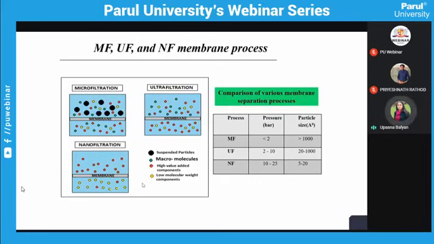In microfiltration, you can see there are lots of particles, high value added components, macromolecules, and low molecular weight components. That means a mixture of these components is present in a feed.